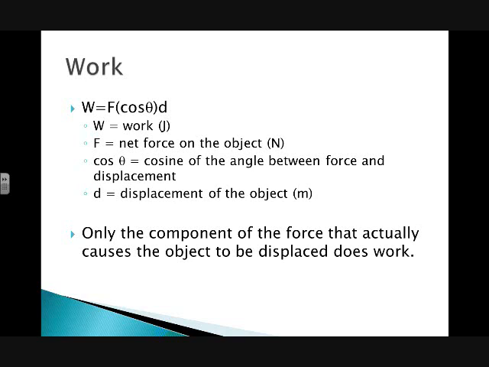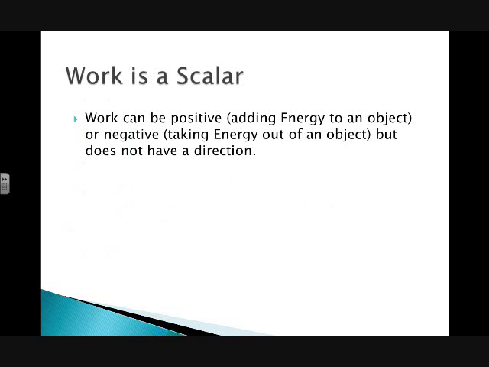Now, I said force is a vector, displacement is a vector, but work is a scalar. Sometimes when you multiply two vectors together, you get a scalar, as in this case. Work has no direction, but you can do positive work and you can do negative work, because that's saying work is going into the object or work is coming out.